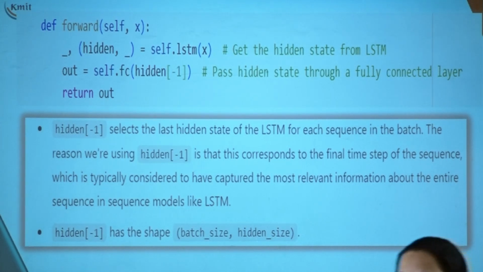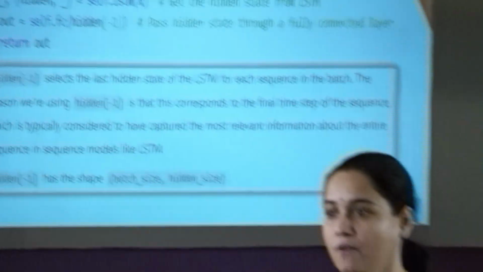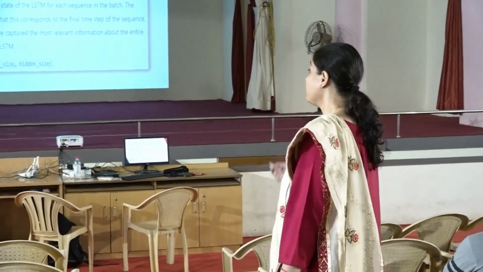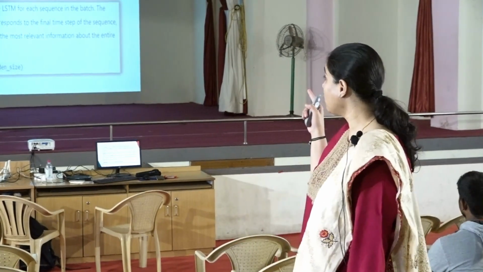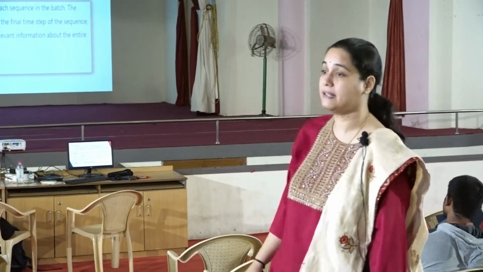That's your answer. So we require the most relevant information. That's why we are not capturing all the hidden states and internal cell states. We require only the latest hidden state for predicting the output. So hidden of -1 has shape batch size, comma, hidden size, and that you take as your output.